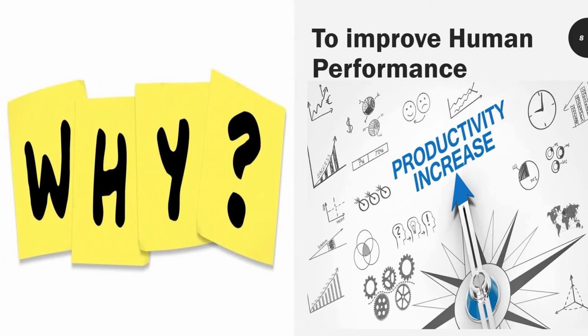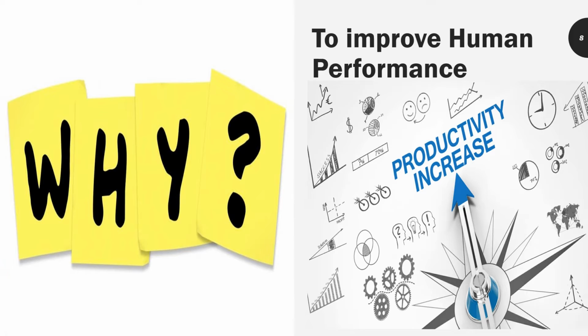HPT seeks to provide the best way to increase performance by examining the current performance, the desired performance, the location of the performance, the tools used, guidelines or policies, managers, and even communication between all the performers.